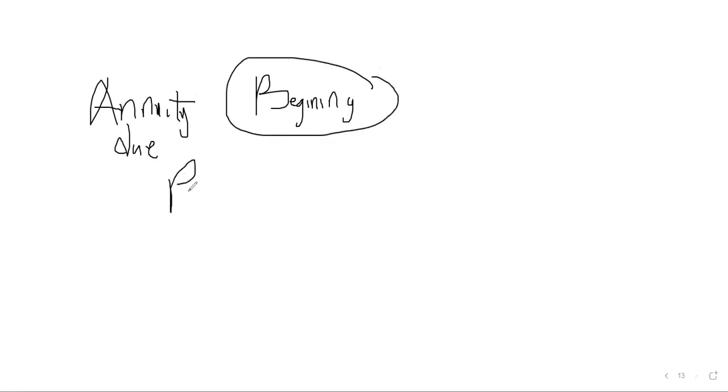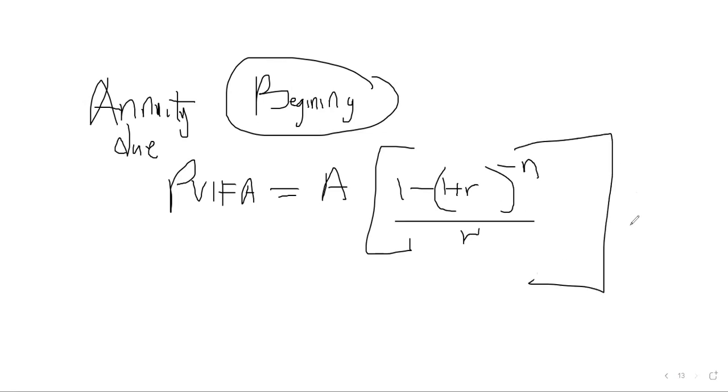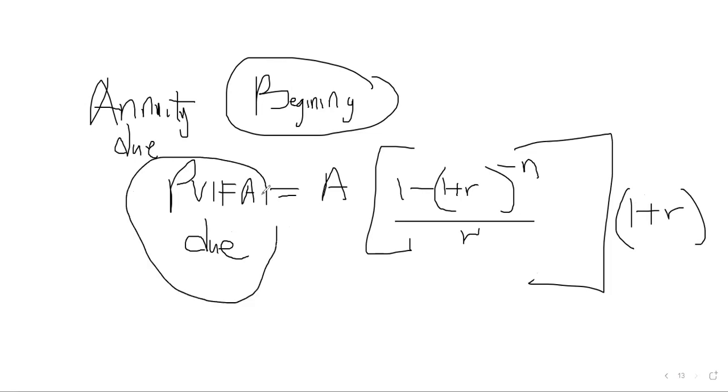So to find the present value interest factor of an annuity due, it is the amount of that annuity, times 1 minus (1 plus r) to the power negative n over r, then whatever expression we have here multiplied by 1 plus r. This is the formula to use for the present value interest factor of an annuity due.